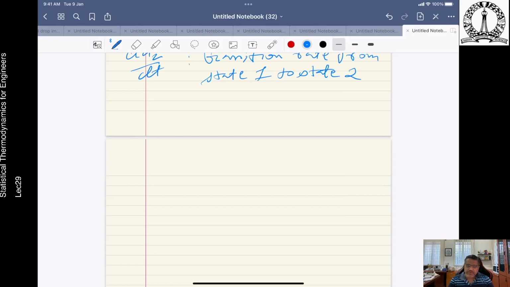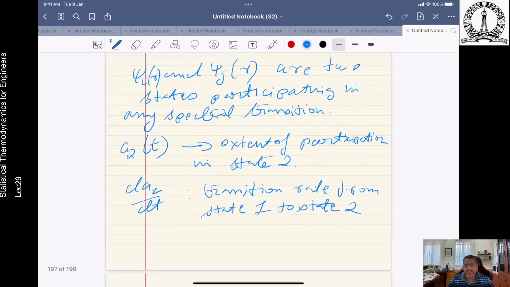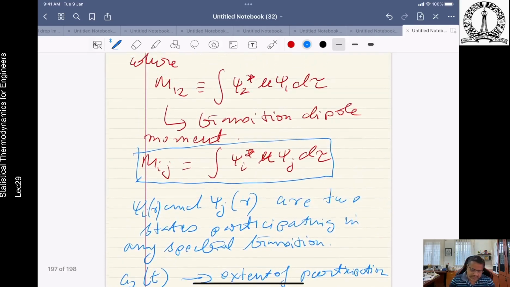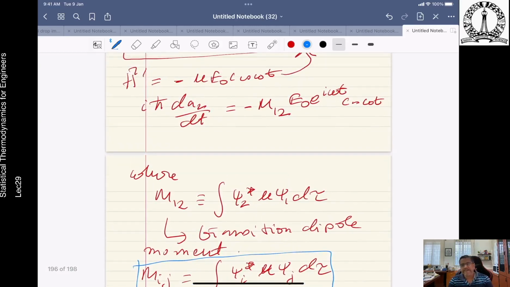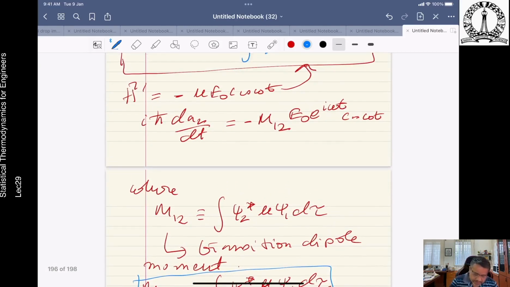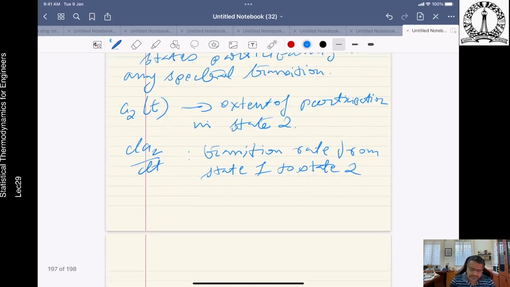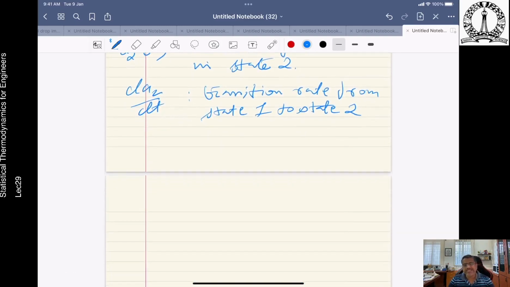If you look at this equation, it states that transition between two rotational, vibrational, or electronic states is impossible if M12 is 0. If M12 is equal to 0, then dA2 by dt is also equal to 0.